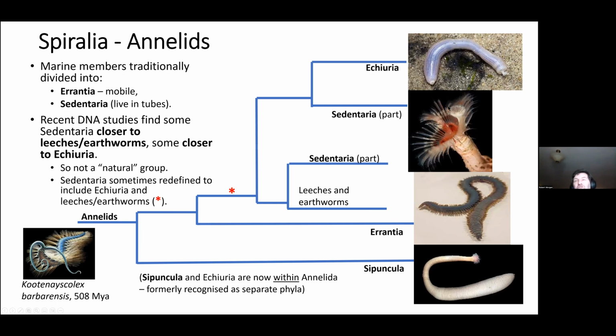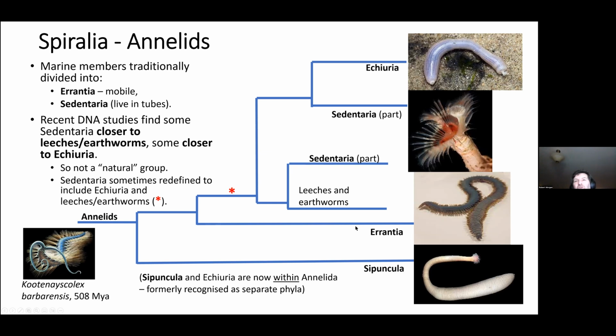Yeah, the sedentary worms, the ones that remain attached to rocks, used to be thought to be a distinct group of their own, but they're now thought to be in two separate parts. One lot are thought to be closely related to the leeches and earthworms we're familiar with on the land, and the other lot of them are thought to be closely related to these strange Echiurian worms.